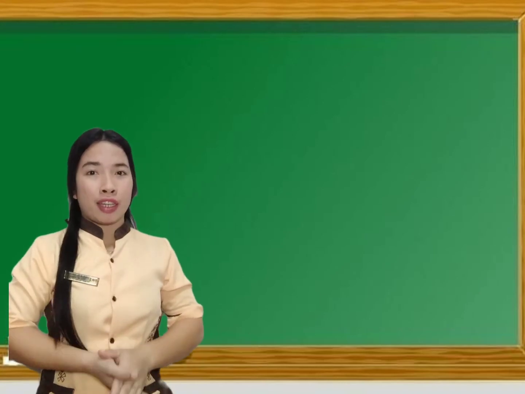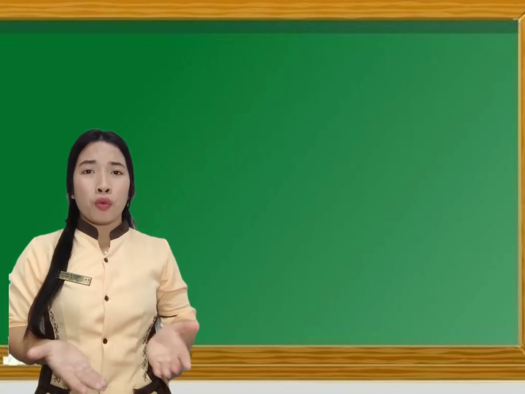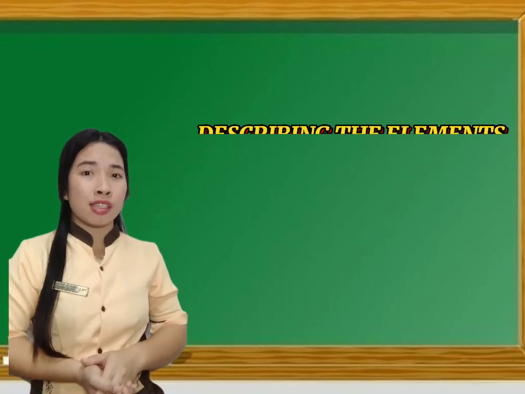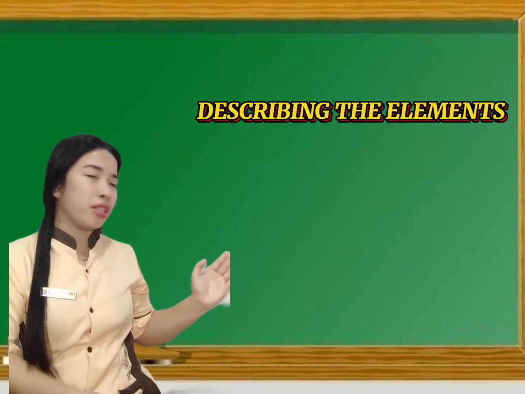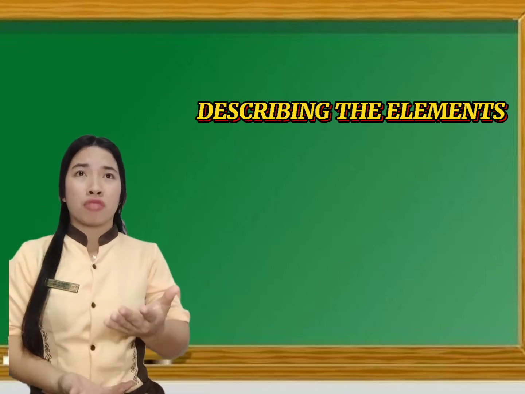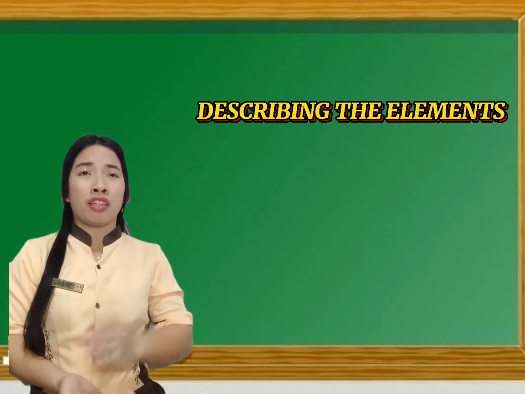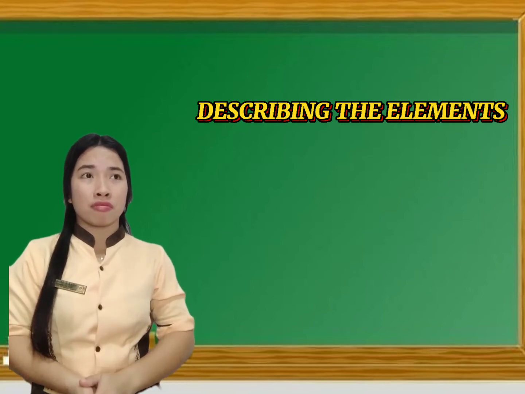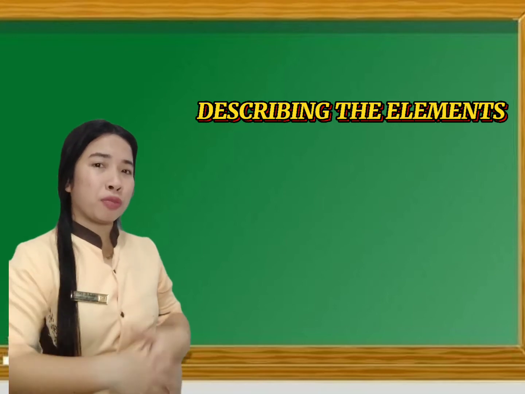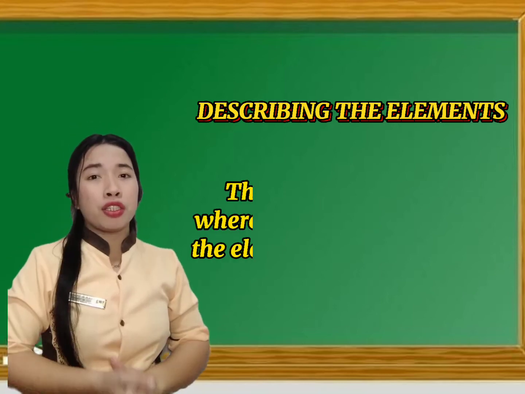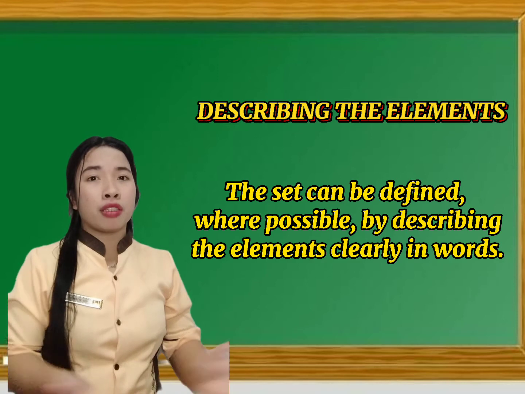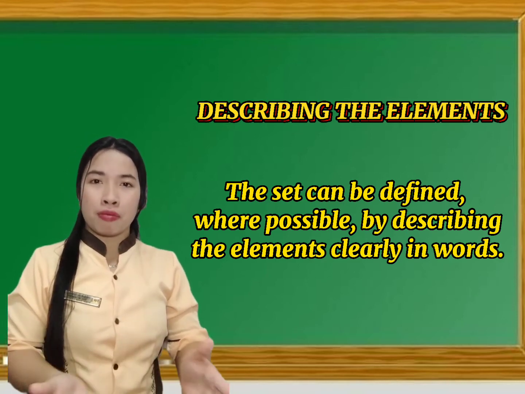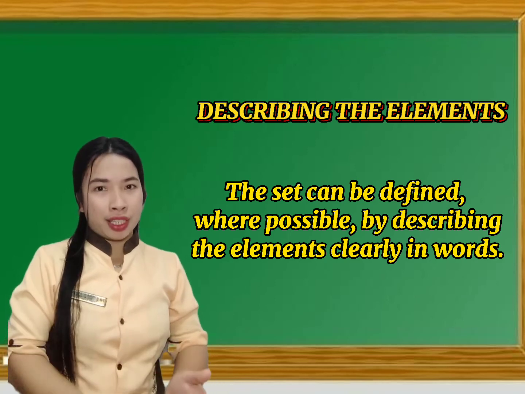Let's proceed to the next method. So, what is the next method? The next method is describing the elements. Okay class, do you have any idea what describing the elements is? Okay, let's proceed. Describing the elements means the elements can be defined clearly in words.